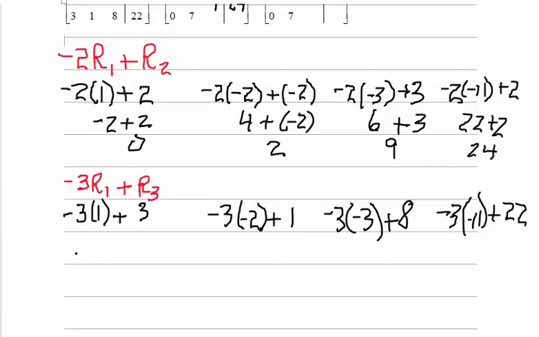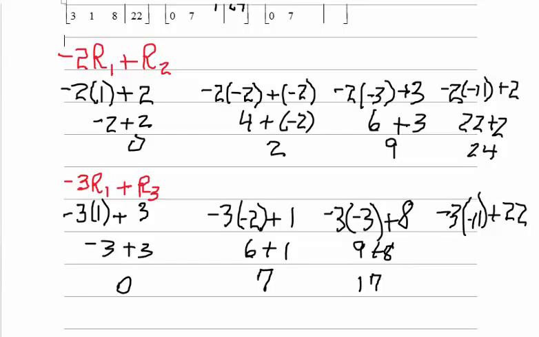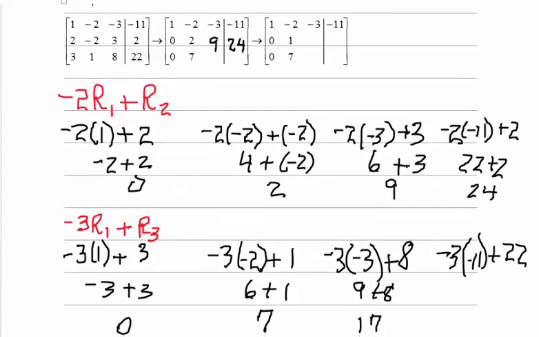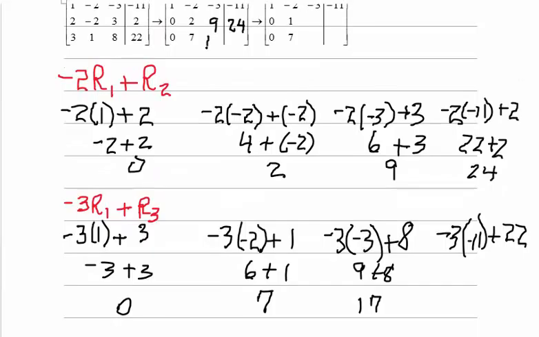So I have -3 plus 3, which is where I get that 0 from. For column 2, I have 6 plus 1, which is where the 7 came from. In column 3, I have 9 plus 8, so that missing component would be a 17 in column 3 of row 3.